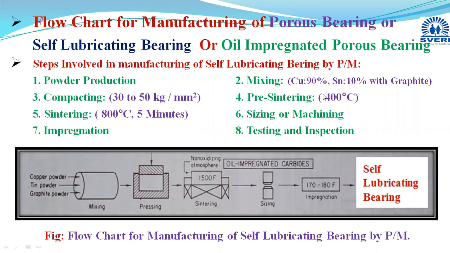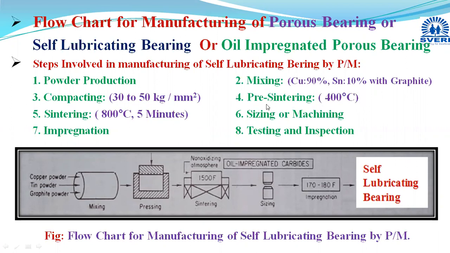Then during this pre-sintering stage, what will happen? Whichever graphite we have added in the mixing stage, which helped us to get sufficient lubrication in the pressing stage, that graphite, or if any other lubricant you have used, that we are eliminating.